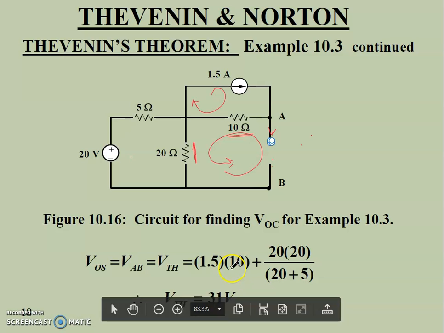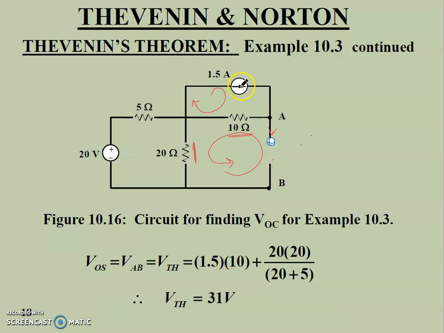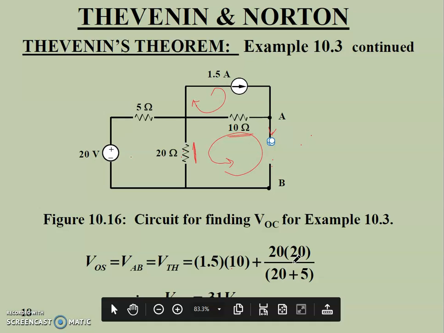Here the 1.5 ampere current source flows in this loop only, so 1.5 into 10 is the total voltage drop across this resistance. By applying the voltage division rule, v into r2 upon r1 plus r2, with voltage 20 and resistance 20 upon 20 plus 5, likewise you can calculate the VTH value, which comes to 31 volt.